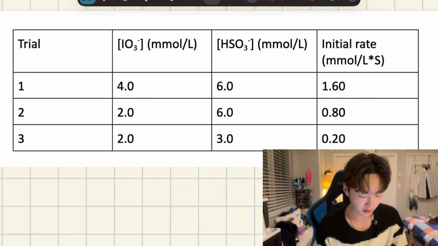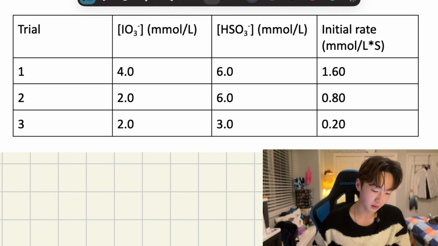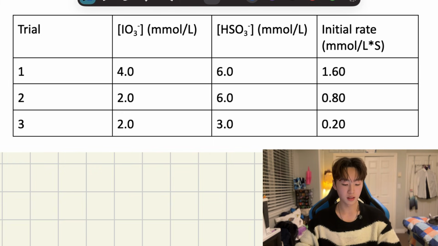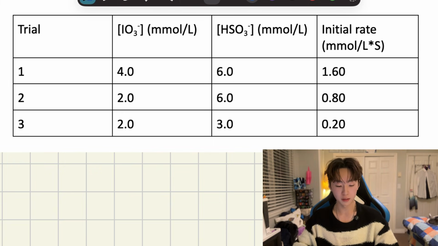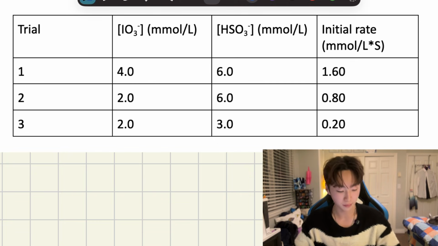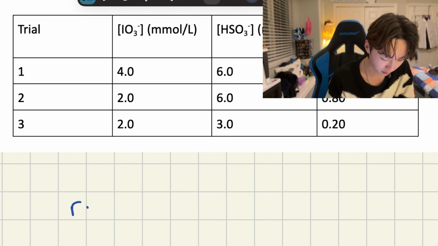Okay, let's look at this example here. So this is a reaction between IO3- and HSO3-. And it gives us 3 different trials with 3 different initial reaction rates, and then a table of their different concentrations. So let's start by looking at the general form of this rate.